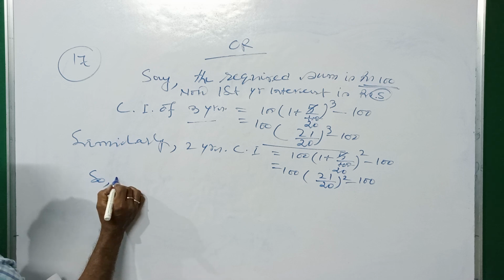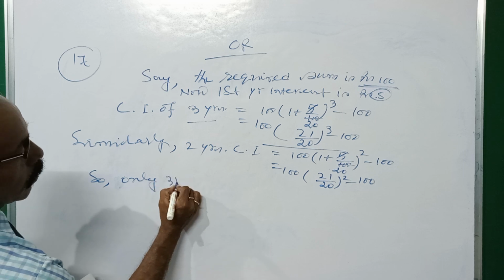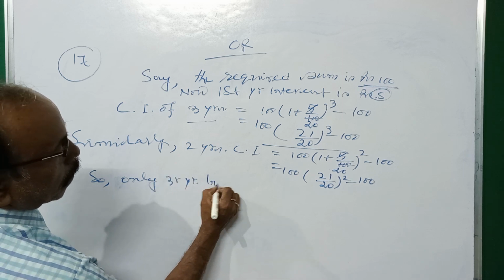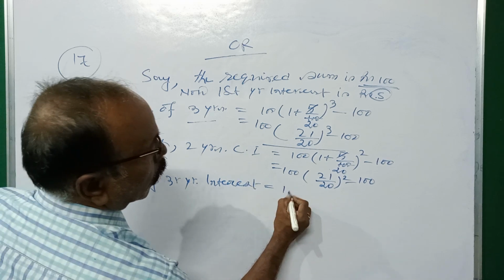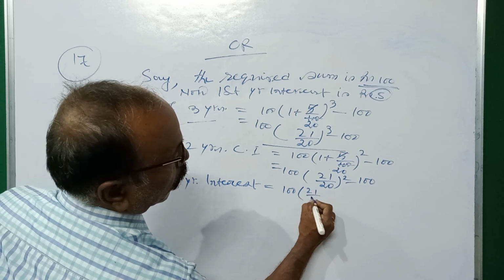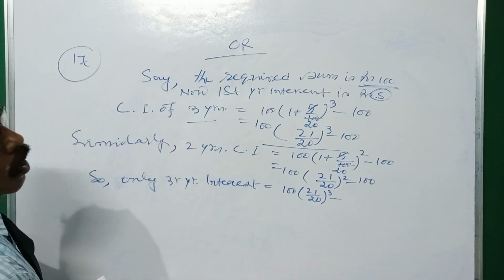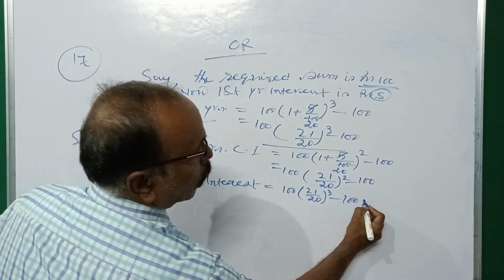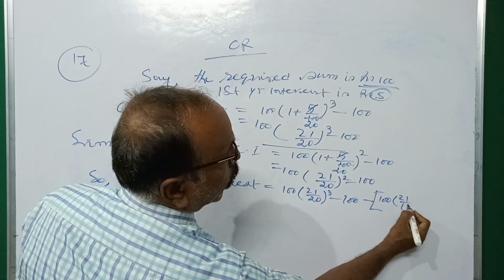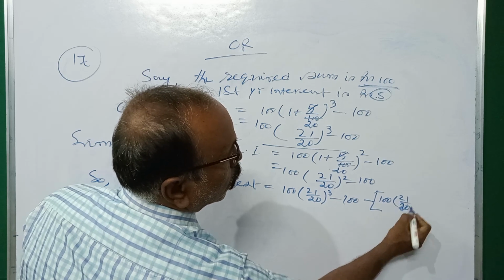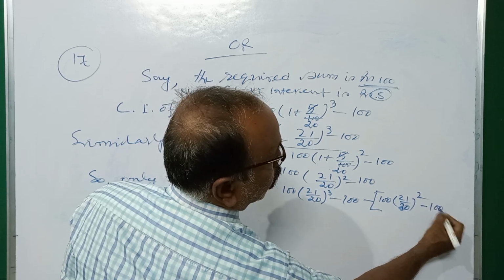So only the 3rd year interest is equal to 100 into (21 divided by 20) whole to the power 3 minus 100, minus 100 into (21 divided by 20) whole square minus 100.